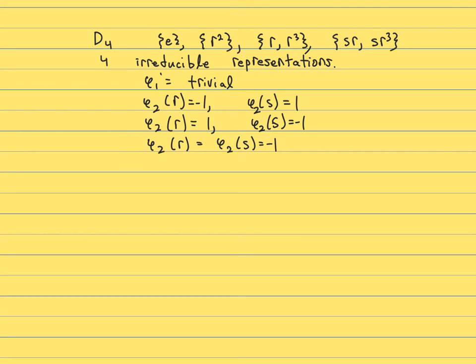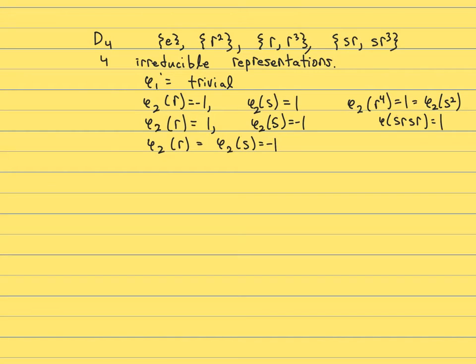In order to make sure it actually works correctly, you just had to check that phi of r to the fourth was always 1, which is the same thing as s squared, and that phi of SR was also the identity. If it satisfied those properties, then it actually ended up being a group homomorphism.